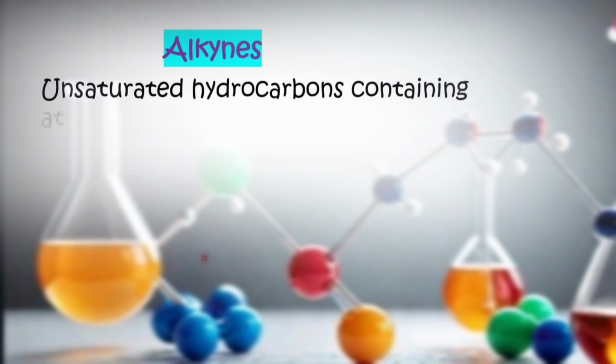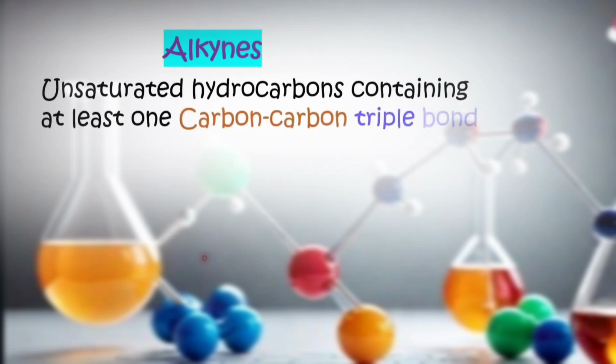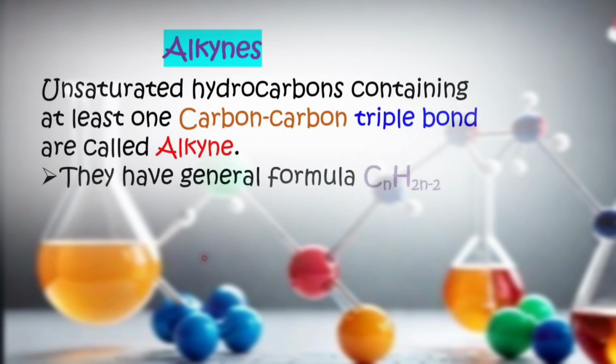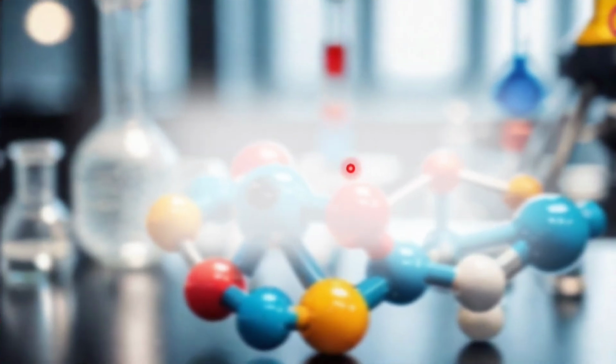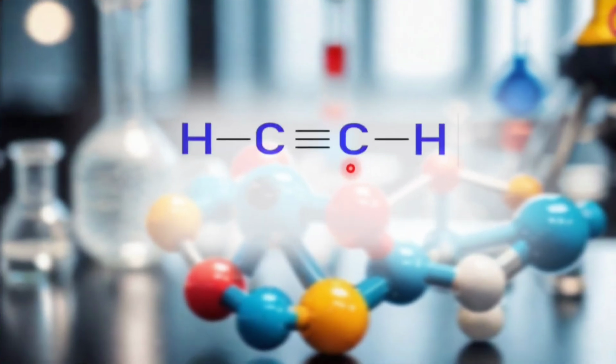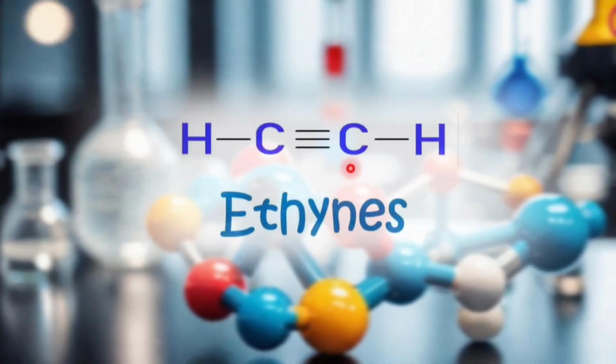The unsaturated hydrocarbons containing at least 1 carbon to carbon triple bond are called alkynes. Their general formula is CnH2n-2, where n indicates the number of carbon atoms in the given hydrocarbon. The simplest alkyne is ethyne, in which a carbon to carbon triple bond is present.